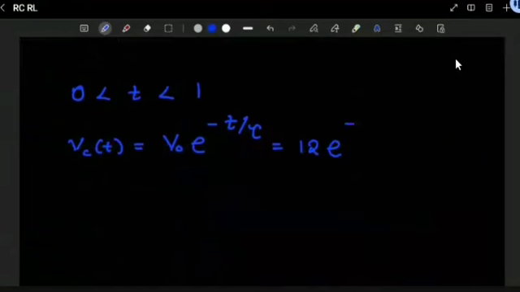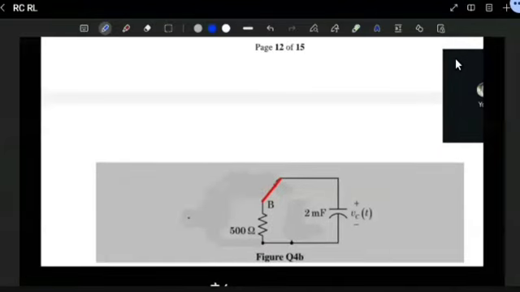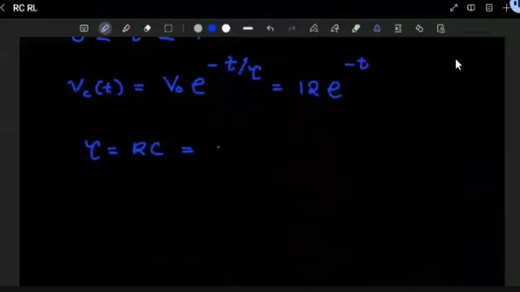But we need to know the time constant. So what will be the time constant for a capacitor? It's RC. The capacitance here is 2 millifarads. So we have 2 by 10 to the minus 3.